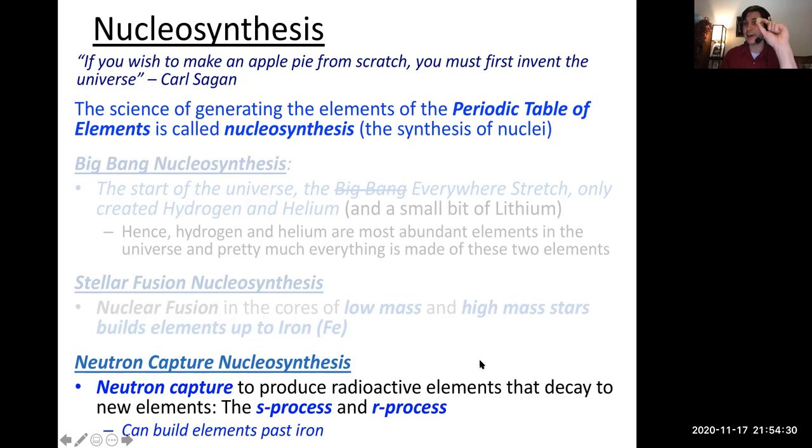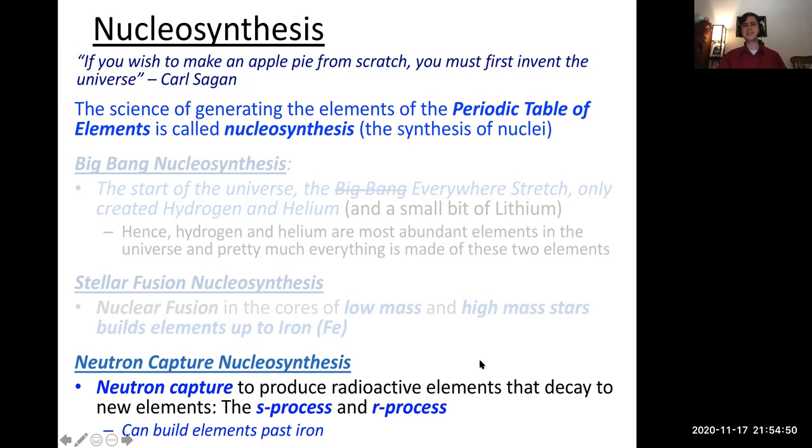And then we have to look at whether or not that new isotope of that element is radioactively stable or unstable. If it's unstable, it will radioactively decay, and in doing so, it'll change its nuclear makeup, it'll change to a different element, thus moving us around on the periodic table.